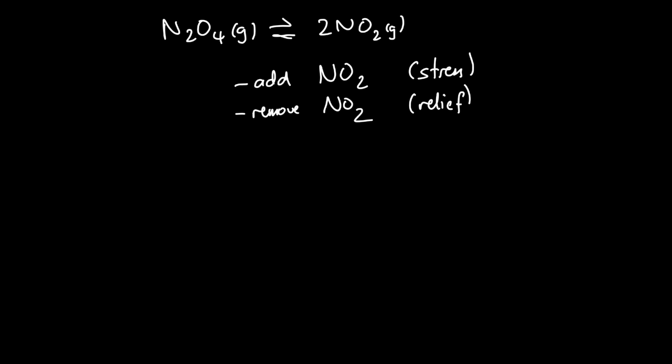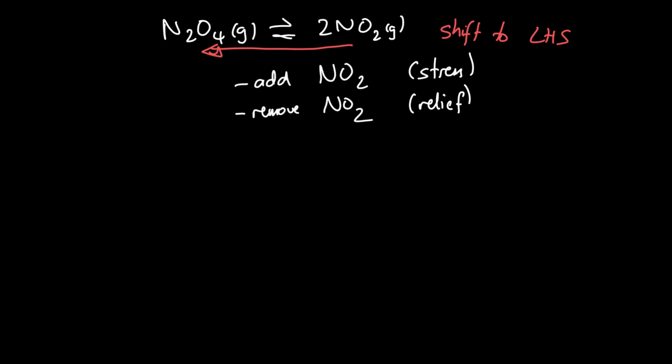How do we remove NO2? The answer is we take some of the NO2 and we convert it into N2O4. We don't convert all of it. We just take some of those molecules and bind them up and turn them into N2O4. So we call this a shift to the left-hand side. So in an ICE chart, right, we would be writing our -2x's here, and we'd be writing our +x's here.